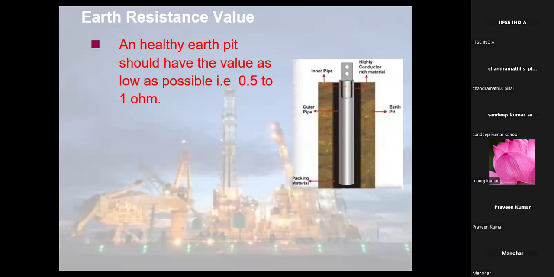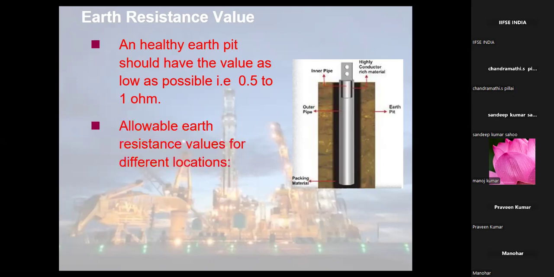More than 1 ohm, it has less ability to take up the power from your home to the earth. If your earthing system has less resistance, it will take up the maximum voltage, the leaking voltage, to the earth. That is what it means. Ankit, is it clear?